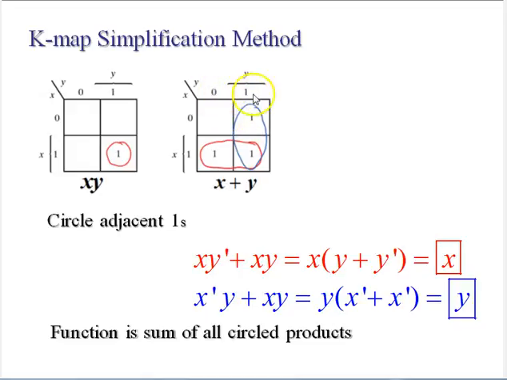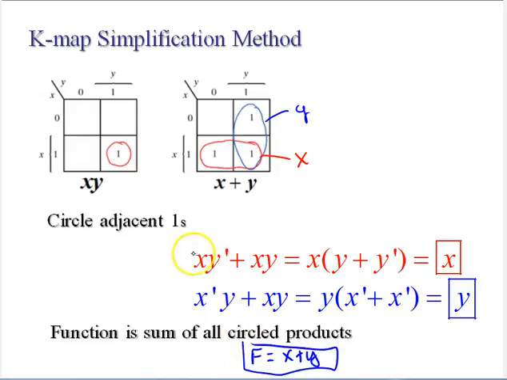So any variable that is changing within the circle, this is just going to give us an x, and we can see why that's true algebraically. When we circle these two adjacent ones, and again that's what we circle, is just adjacent ones, we see we're going to end up with just y equal to 1, but x changes from 0 to 1. So that just gives us y, and our function is the sum of the circled products. So our function is then just going to be equal to x or y.